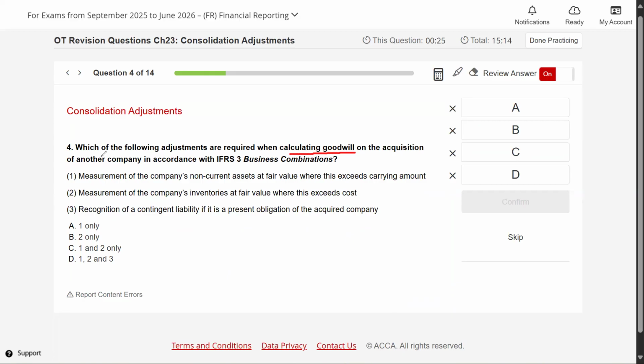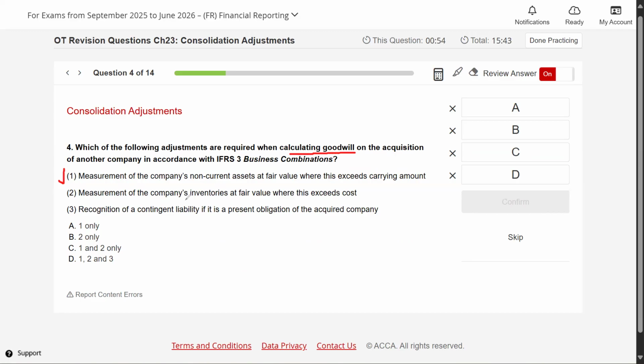The first one, measurement of the company's non-current assets at fair value where this exceeds carrying amount. So if there are certain items of the non-current assets whose fair value exceeds the carrying amount, this is regarded as a fair value adjustment. So we would include that. We are trying to calculate goodwill, and if the fair value of an item is higher than its carrying amount, then we would consider it.